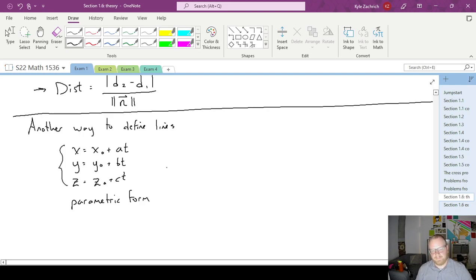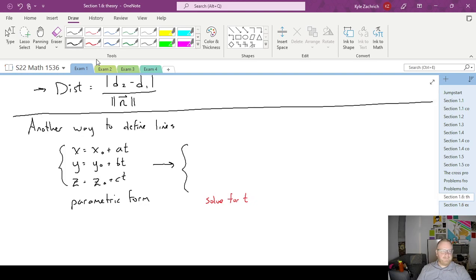Another way to think of this is if you solve for each of these in terms of t. So I'll say solve for t. This one is going to become t equals x minus x naught over a.